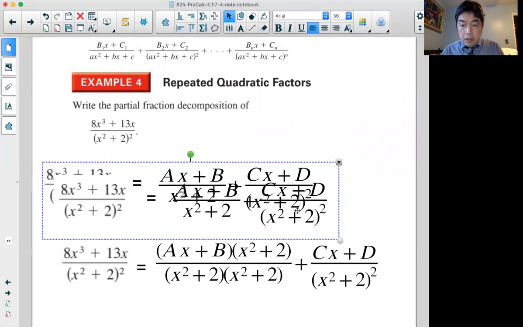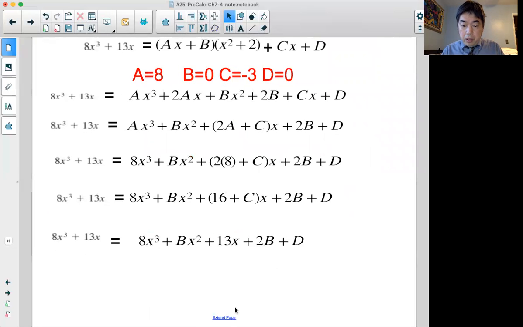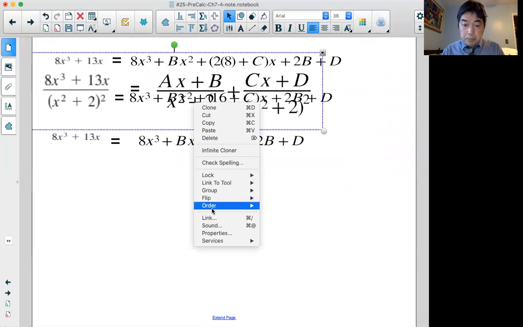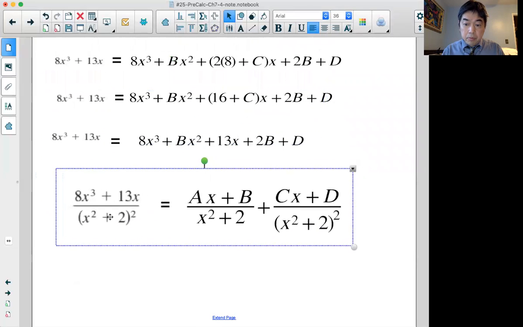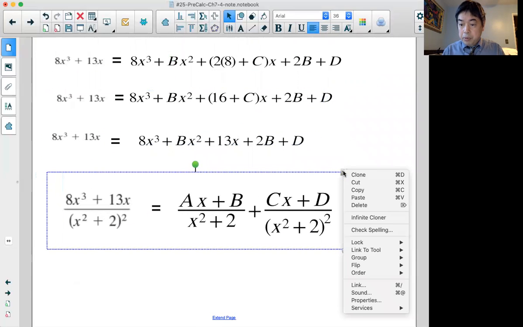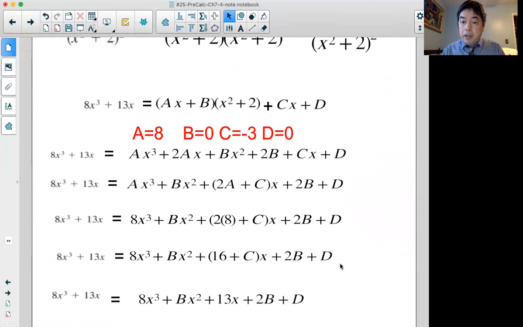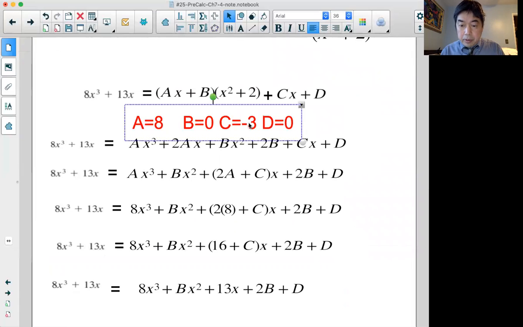So let's plug in this one, this red thing, to this right here. Duplicate, and I cut and paste here. Group. Right, let me carry on this one a little bit lower.